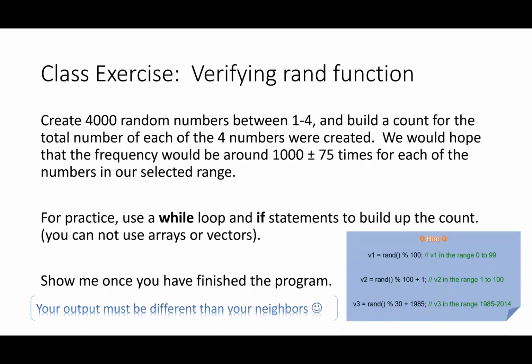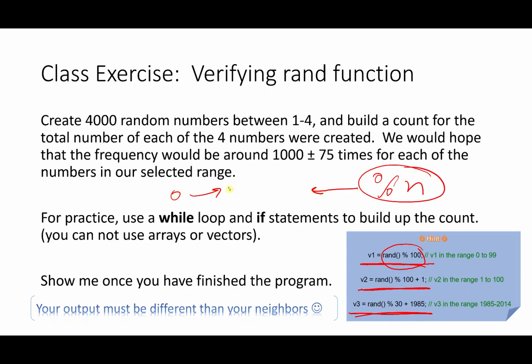Okay. As a hint, if you find this very hard, if you want to generate a number in a specific range, use these concepts. Now, these concepts actually use the modulus. Any random number modulus n is going to give you a number from 0 to n minus 1.